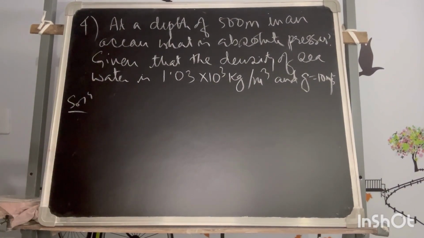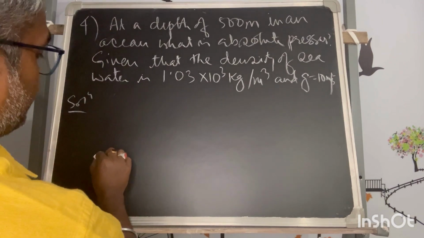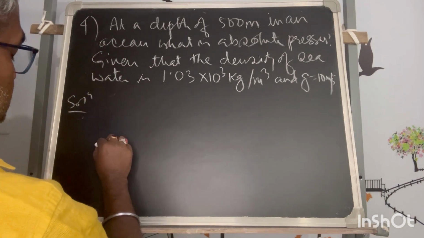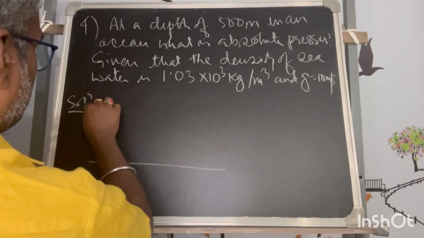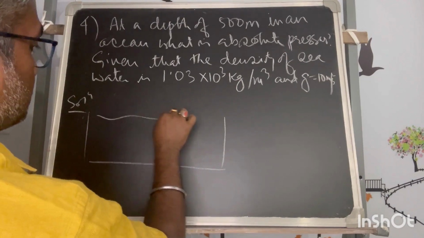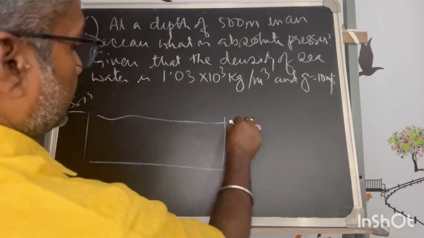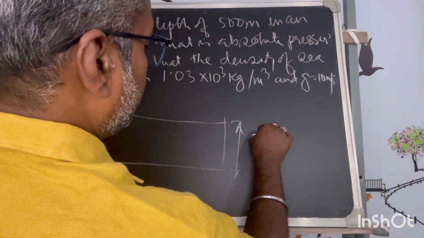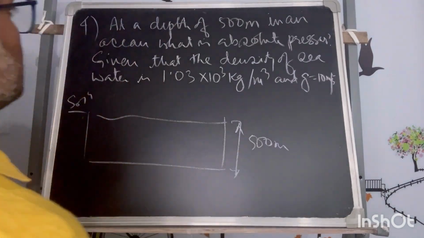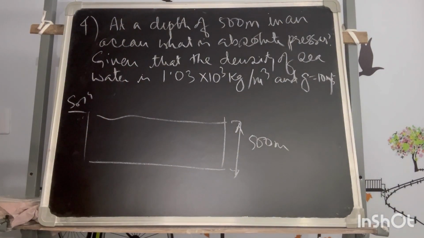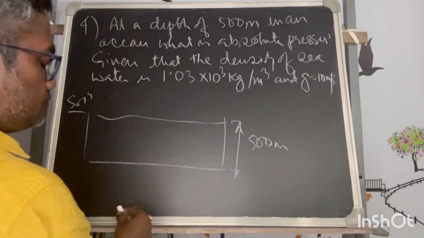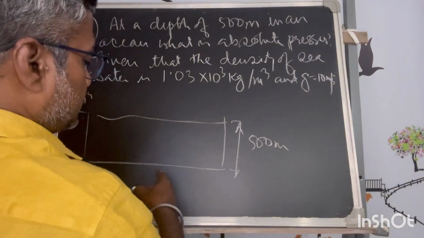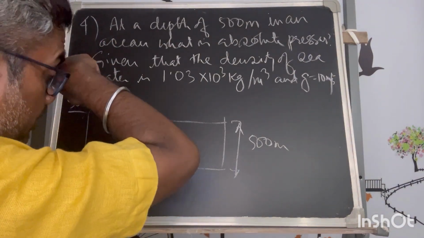At a depth of 500 meter in an ocean, let's say we are talking about some ocean. Okay, this is the ocean, and at a depth of 500 meter down, what is the absolute pressure? So now below the sea level, we need to find the absolute pressure.